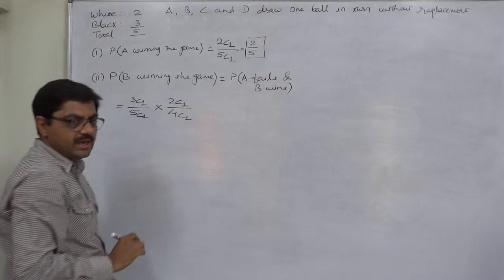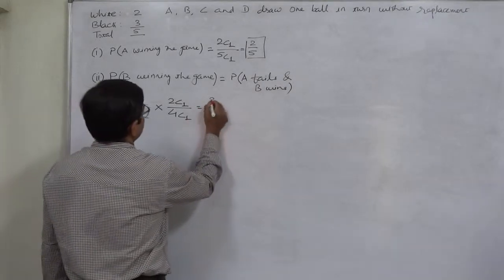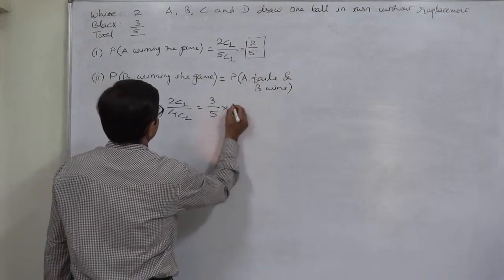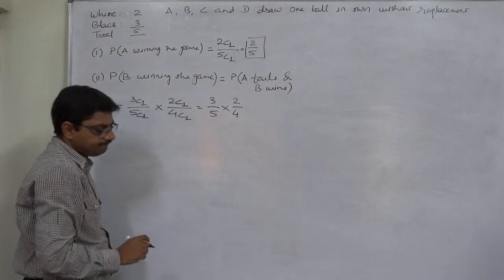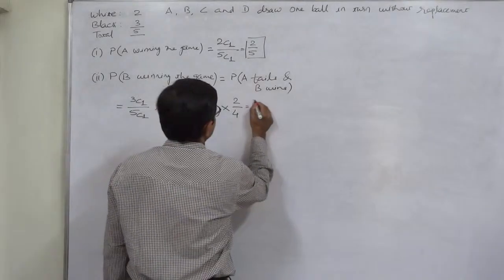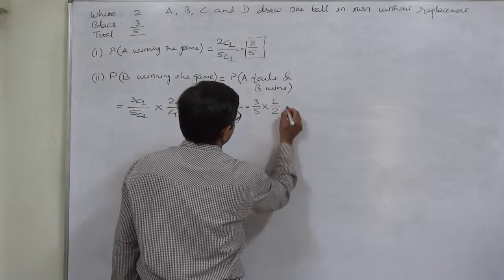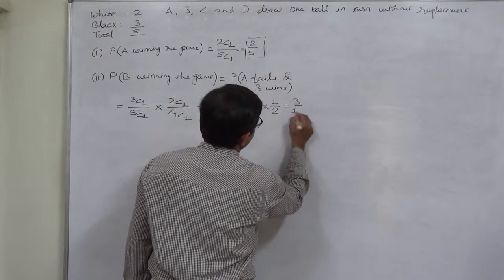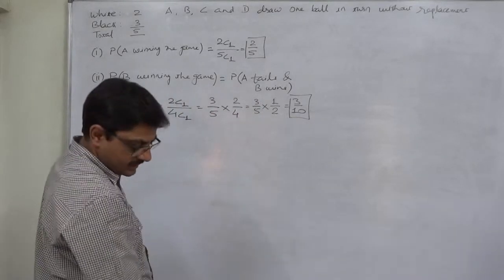So for B the probability will be 3 by 5 into 2 by 4, means 3 by 5 into 1 by 2. So B winning the game, the probability is 3 by 10.